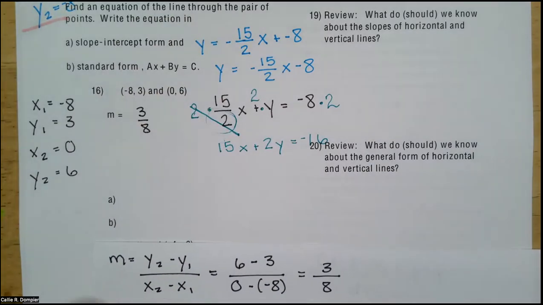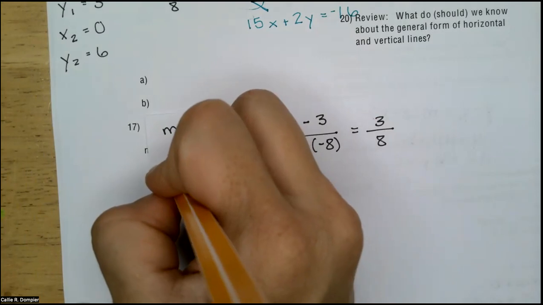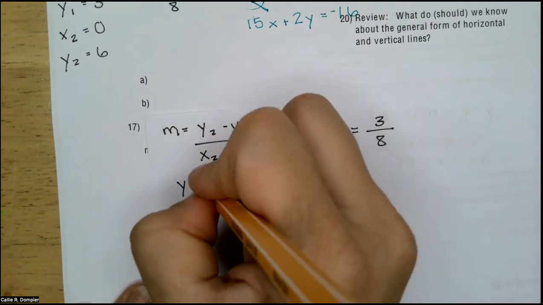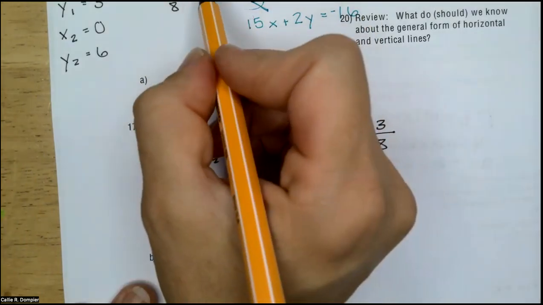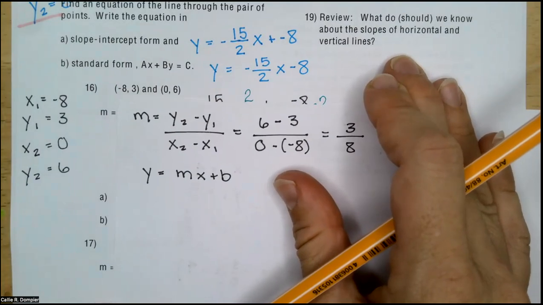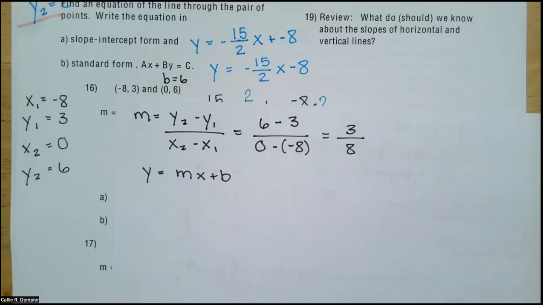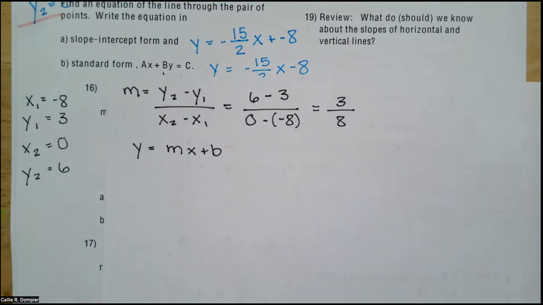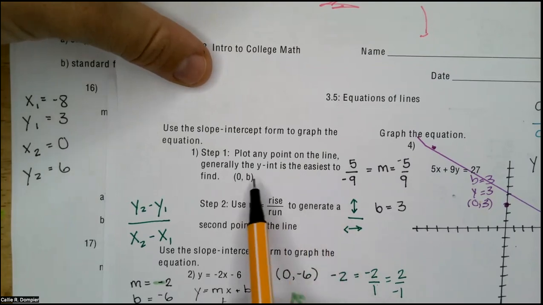If I was going to put that into slope-intercept form, y equals mx plus b. Remember, 0, 6 shows me that b equals 6. Right? That was true way back here. The y-intercept is easiest to find.